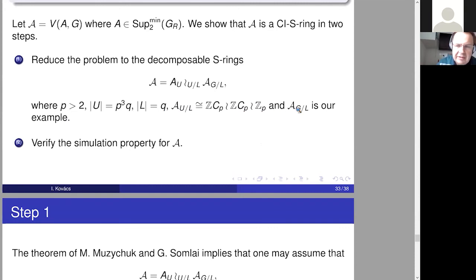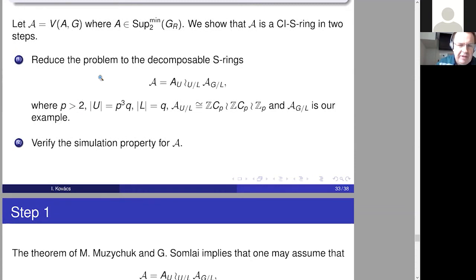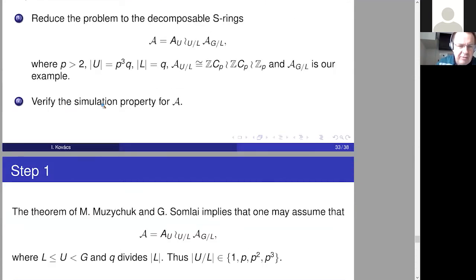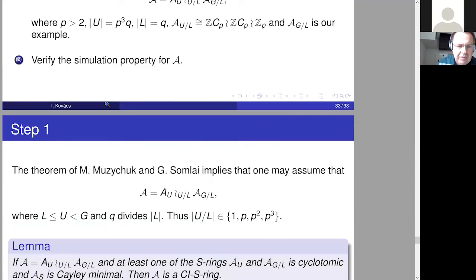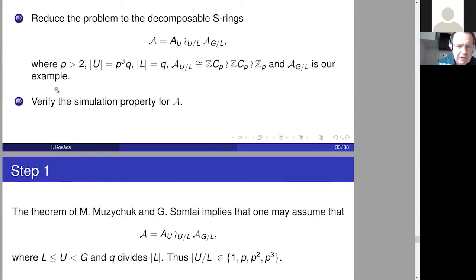And the induced S-ring over G/L of order p^4 is the special example. So whenever we have the special S-ring, we have to check whether it's CI or not. And we did it by just verifying the Schur property for A, for this S-ring. So that was very technical and computational. So I will talk about step 1 first.